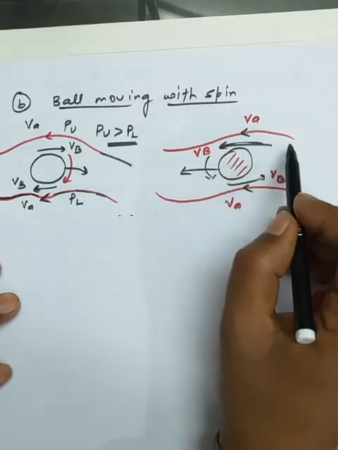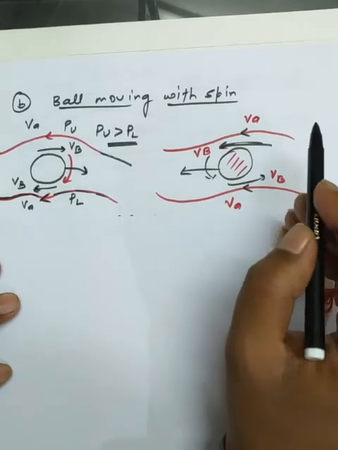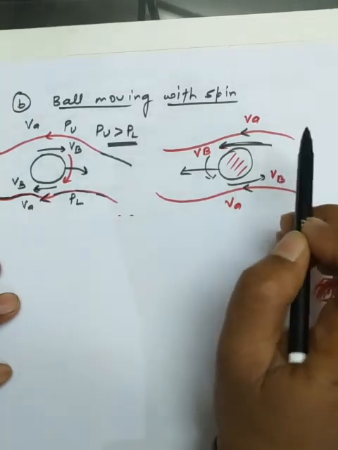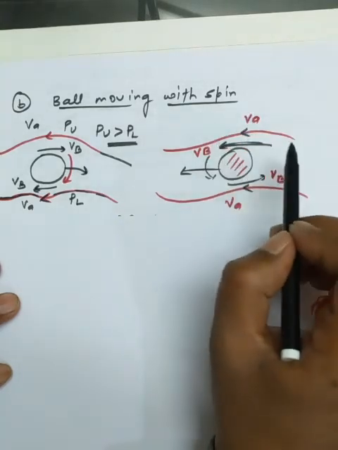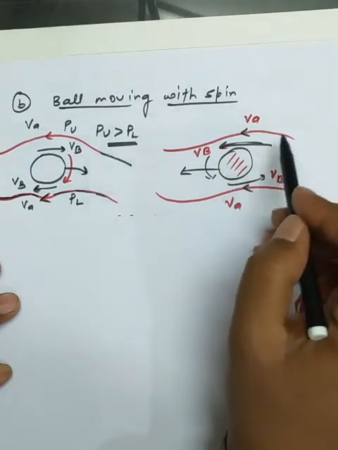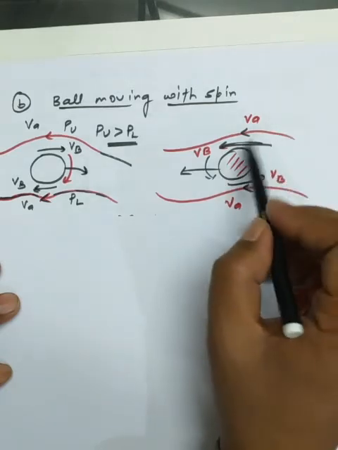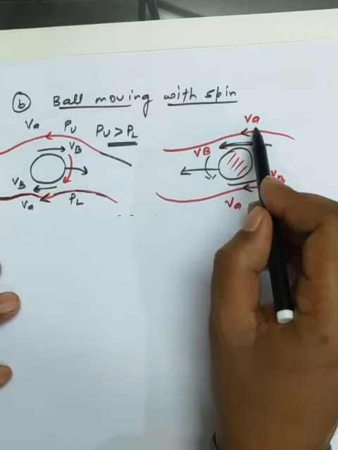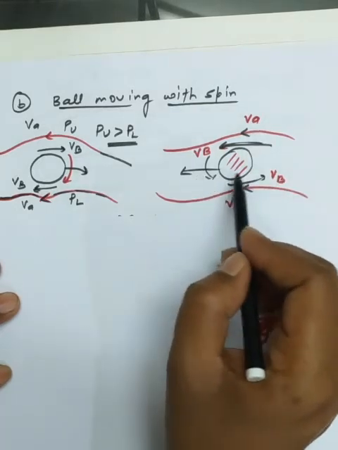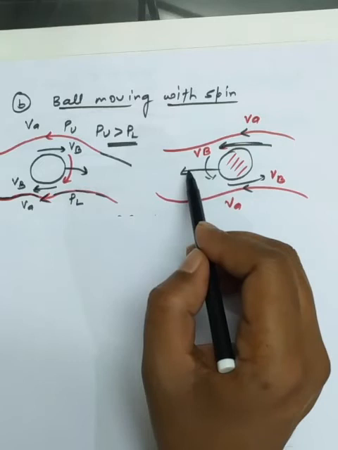So the captain makes the decision that some bowlers will bowl in the direction in which the air is flowing. What will be the impact on the pressure difference? We are assuming the ball is making movement along the direction of the air.